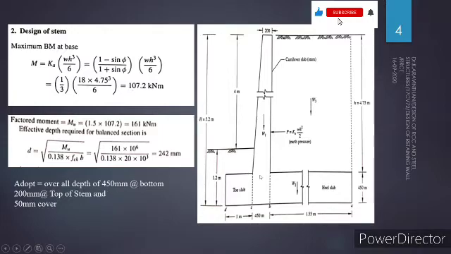And you can see that at the bottom which is provided as 450, the moment will be very less, and it will be 0 at the top. Hence, we are reducing the section here in order to get economy for construction. Hence, we are considering an overall depth of 0.2 meter or 200 mm, which is provided on the top of the stem.